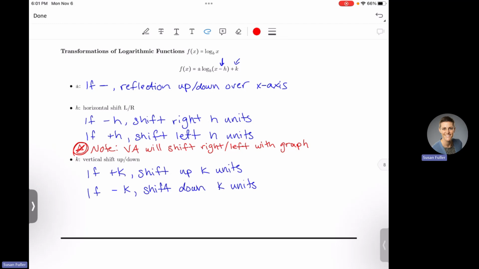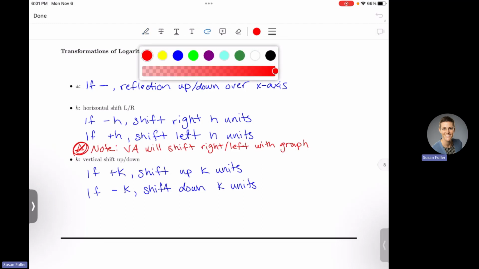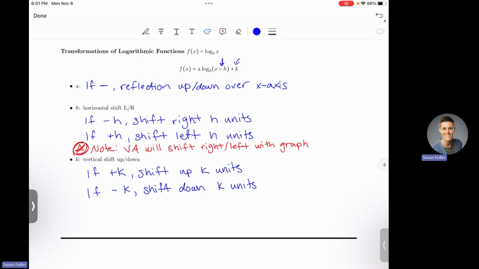And the last note that I want to make here is remember that order matters. If we do these in different orders, we're going to get different graphs sometimes. So we're going to make sure we do these in the right order. First thing that you're going to do is horizontal shifting. So you will shift your graph to the left and right first.